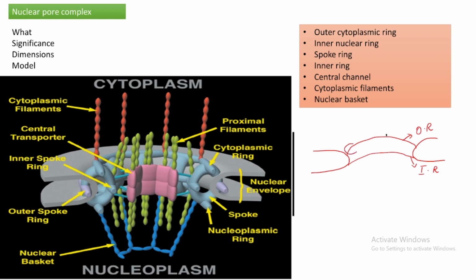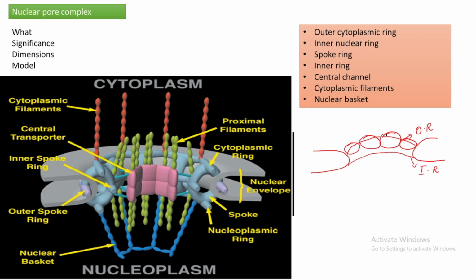I just show you that 8 for managing the space. I am drawing like this. Okay, 8 subunits, because as it is a cross section, in one side I can show only 4.